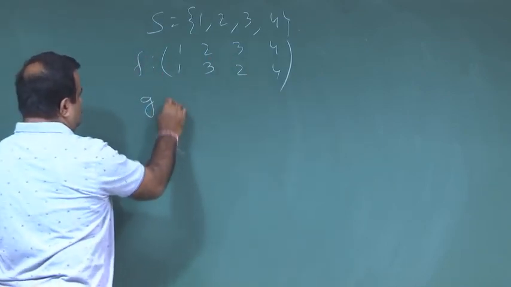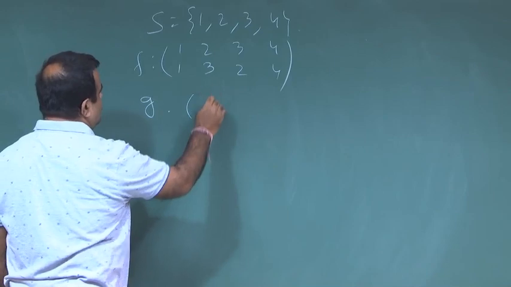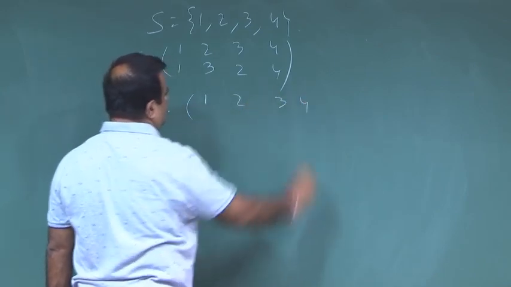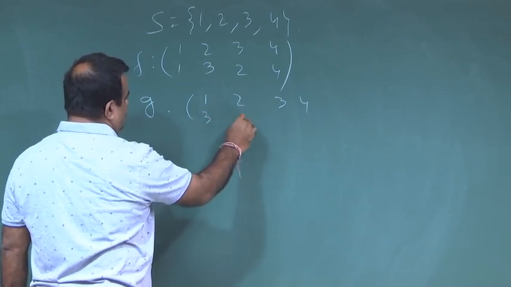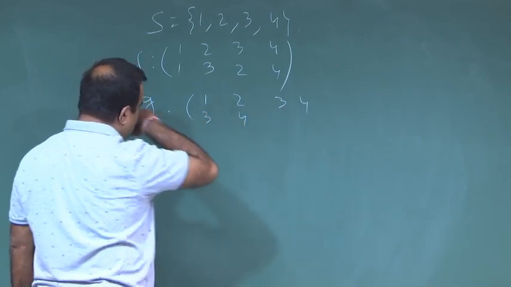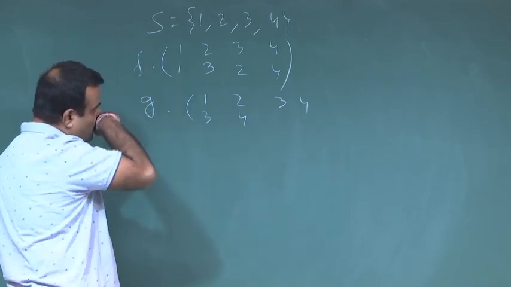And g: 1 goes to 3, 2 goes to 4, 3 goes to 2, 4 goes to 1.